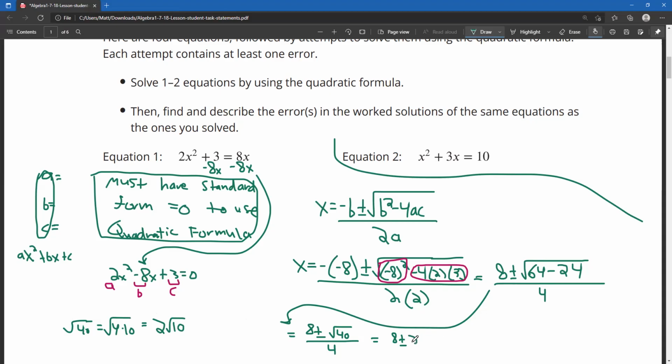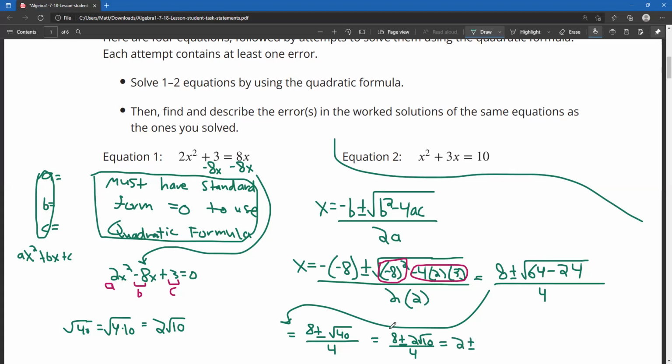So 8 plus or minus 2 root 10 over 4. We can simplify a little bit, right? 8 over 4 is 2.